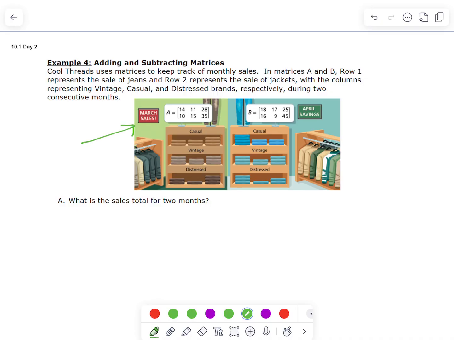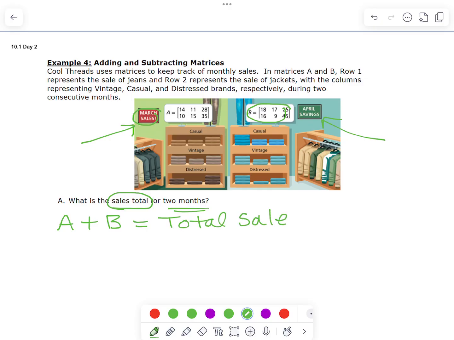Here's matrix A, and this is for the sales in March. And here's matrix B for the sales in April. And we want to find the total sales in the 2 months. So we're going to add matrix A and B together to figure out the total sales for the 2 months.